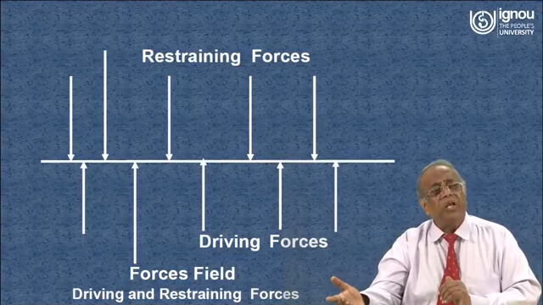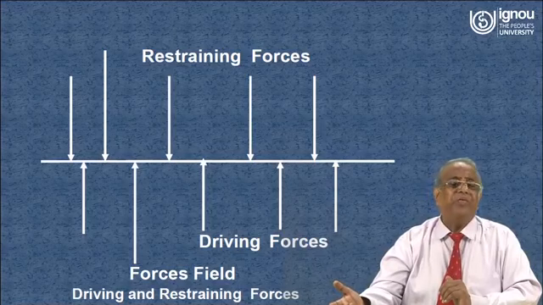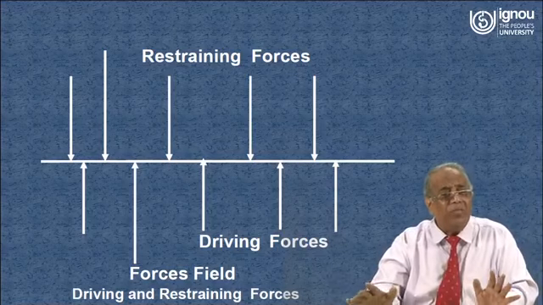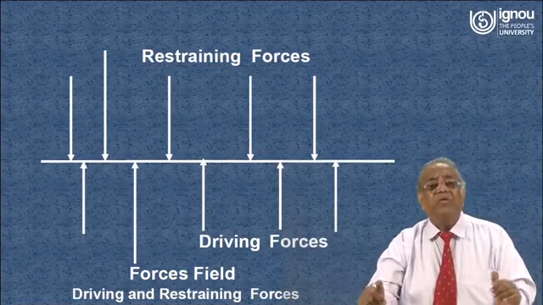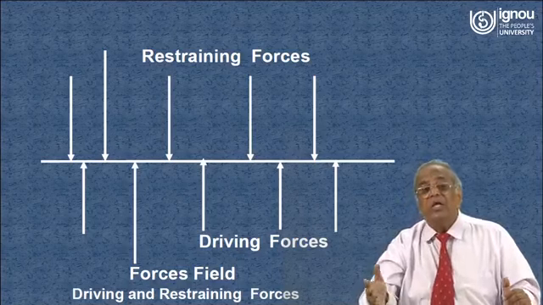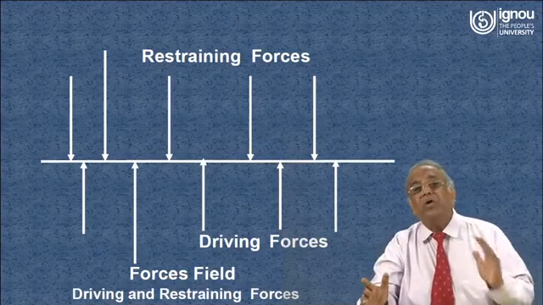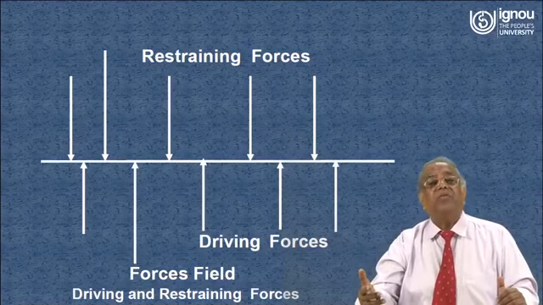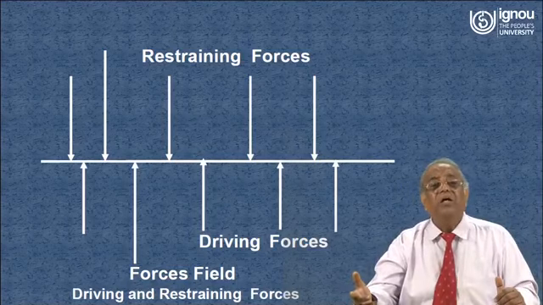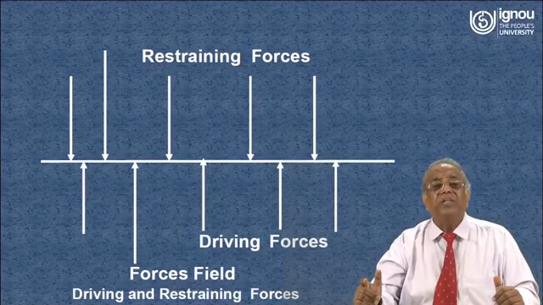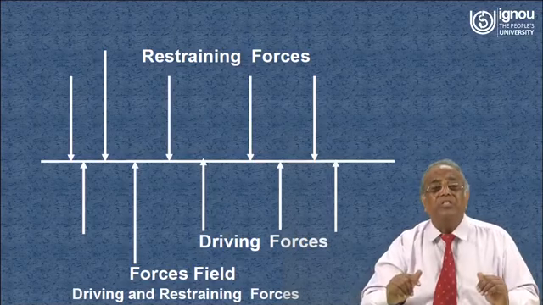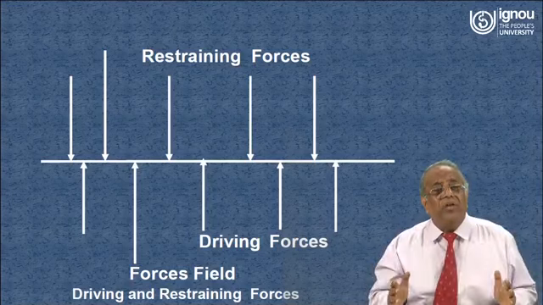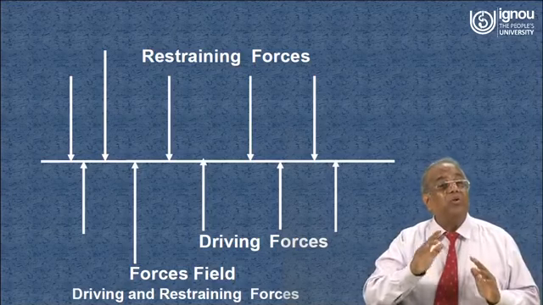Obviously, if the restraining force is more than the driving force, then change will never take place. But if there is an equilibrium position, where the driving force is equal to the restraining force, then also there will be no change.